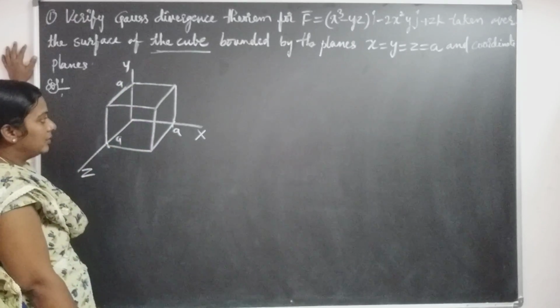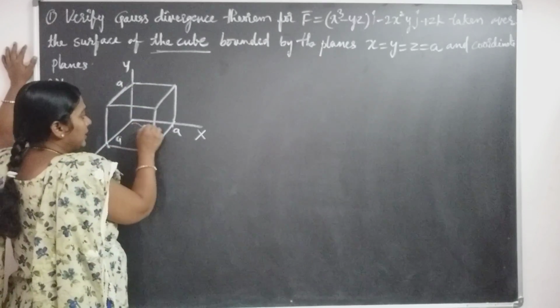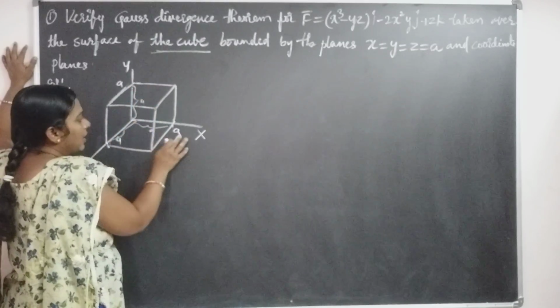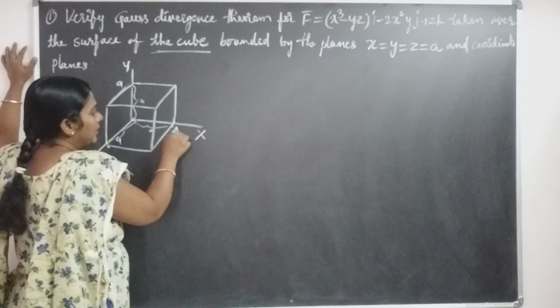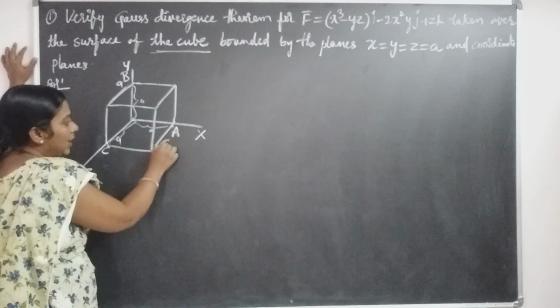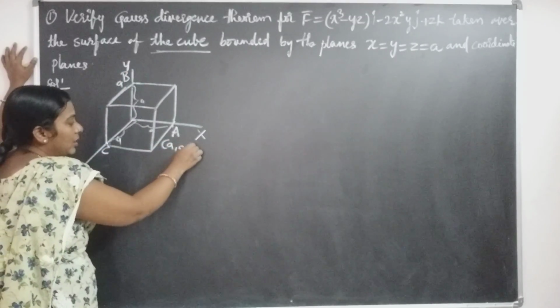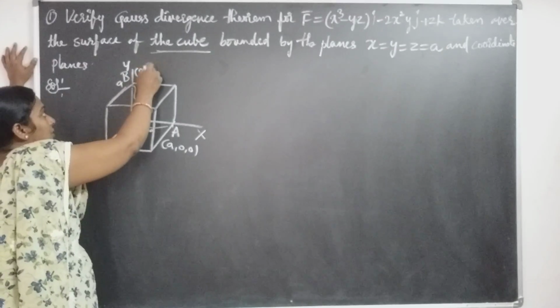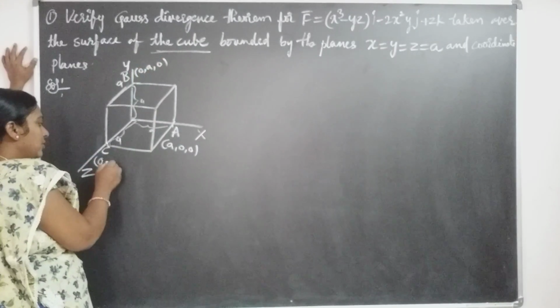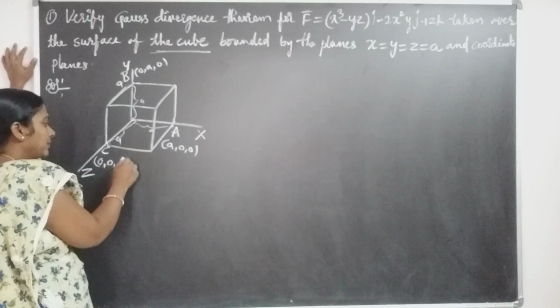On the axes let the points be A, B, C. A is (a, 0, 0), B is (0, a, 0), C is (0, 0, a).